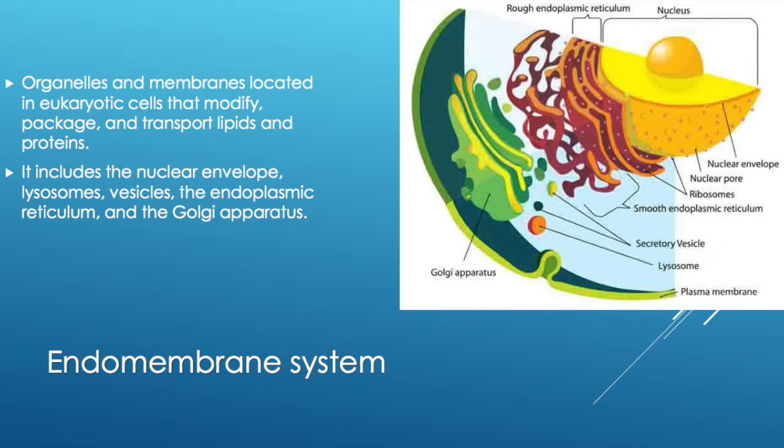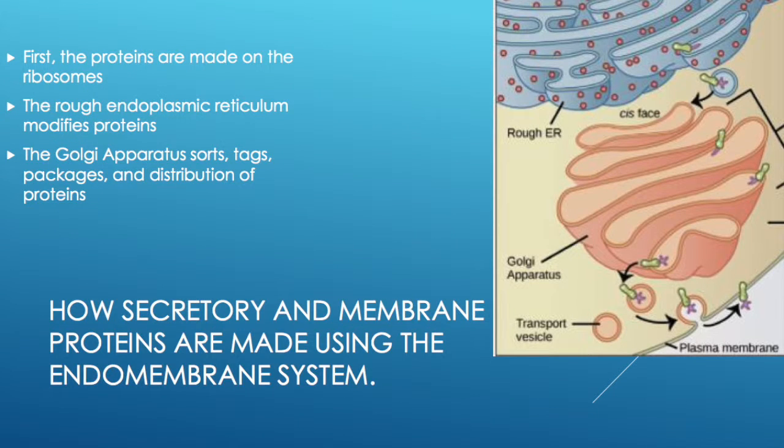In order to further understand the endomembrane system, we need to understand how secretory and membrane proteins are made using the endomembrane system. The membrane and secretory proteins are synthesized in the rough endoplasmic reticulum. The rough ER also sometimes modifies proteins. In the illustration to the right, an integral membrane protein in the ER is modified by the attachment of a carbohydrate.